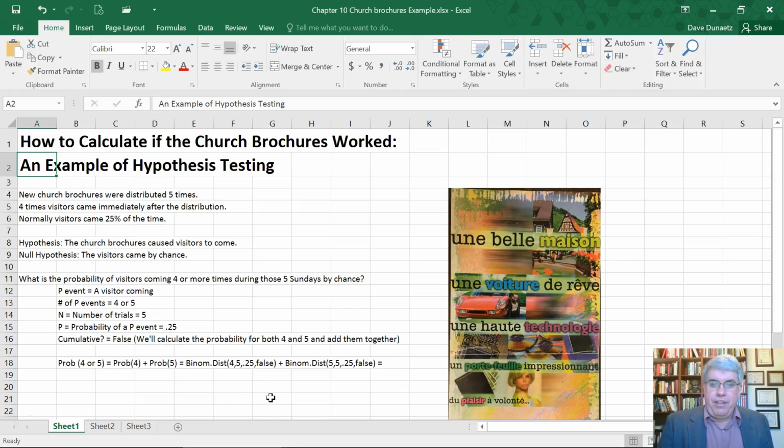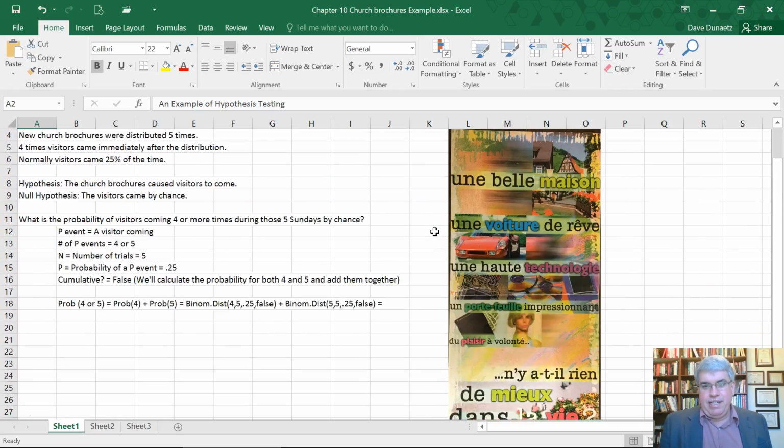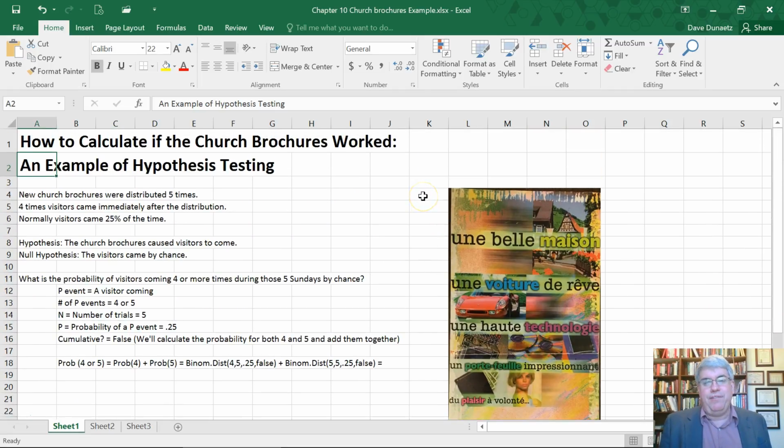And one of the tools that we used to help the church grow were these brochures that we had printed up. Now, these turned out to be quite controversial brochures because they were in lots of colors.